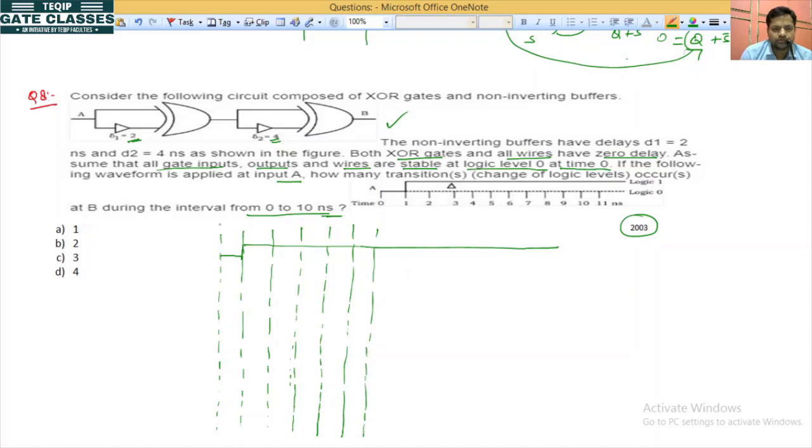So it will be 0 time, 1 nanosecond, 2 nanoseconds, 3 nanoseconds, 4, 5, 6 nanoseconds, 7 nanoseconds, 8 nanoseconds, 9 nanoseconds.